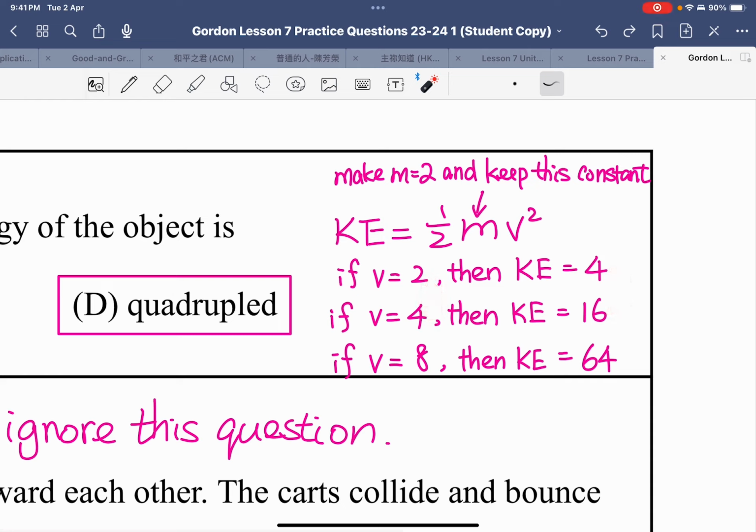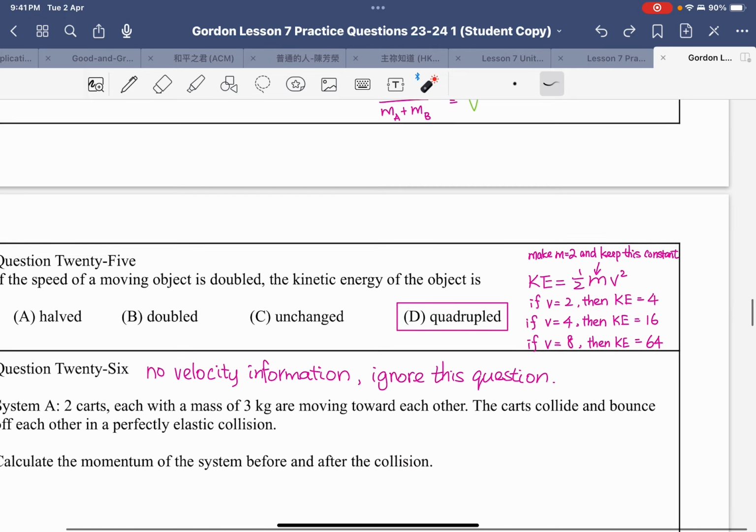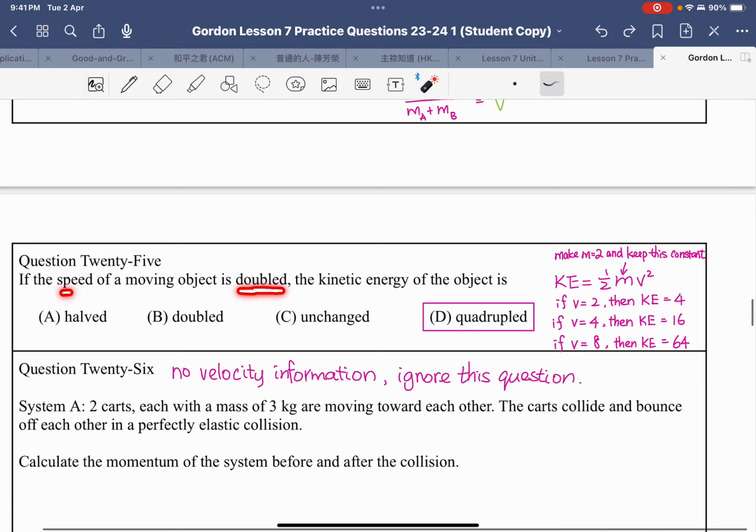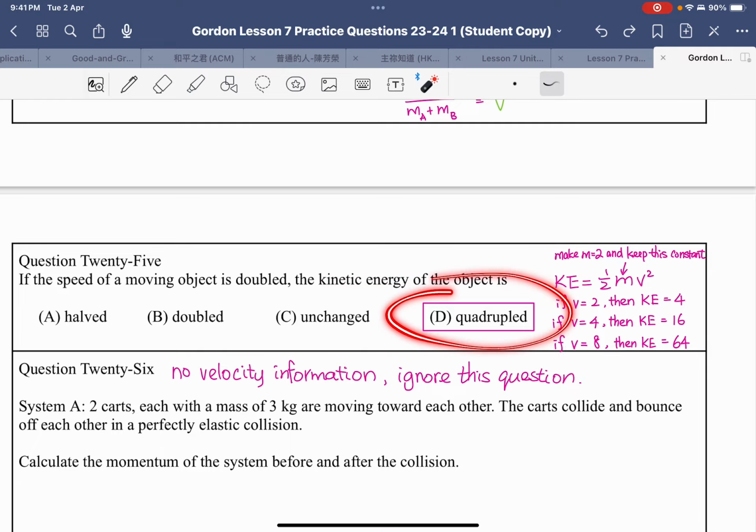If I do a different set of numbers and say, okay, I'm doubling my velocity this time, my kinetic energy is also still quadrupled. And if you sub in all the numbers, it would still show the same pattern. So as you double the speed of a moving object, which is velocity, then the kinetic energy of the object will quadruple.